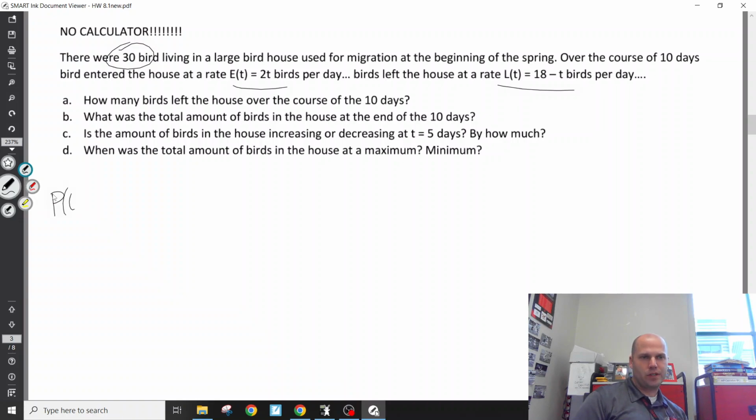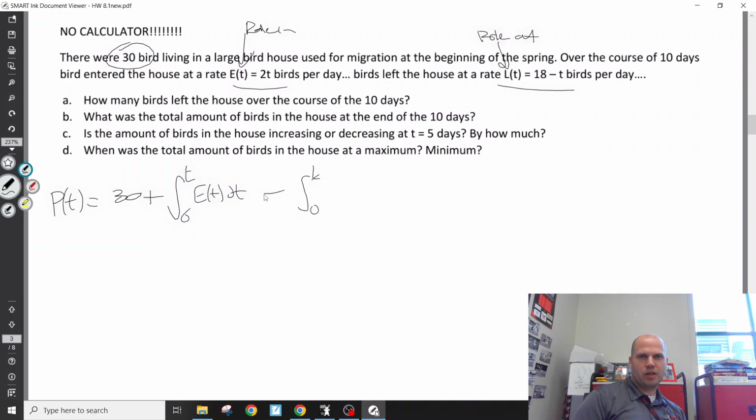Here are my two formulas that are going to define everything. I have 30 birds. I have the rate in, and I have a rate out. So from 0 to some time, if I find the area under my rate in, I'll get my total in.